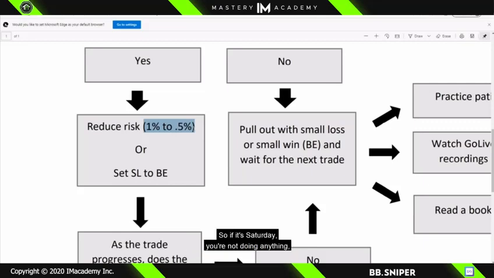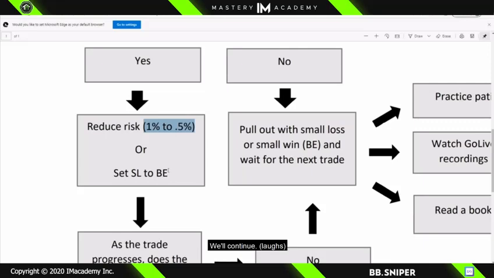So if it's Saturday, you're not doing anything, you don't have a call, and you want to study the market but don't know what to study, guys, you're slipping. I love you, but you're slipping. This is the type of stuff I want you to be studying: speed of the market, structure, liquidity runs, imbalance, whatever the case is. And trade management is no different. But enough ranting.